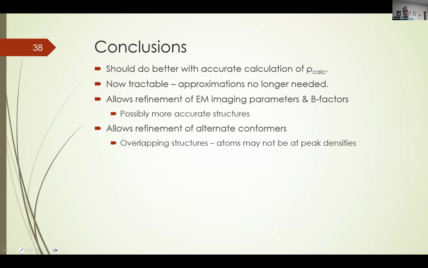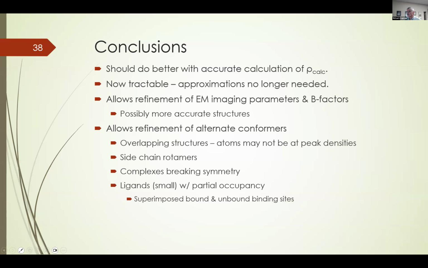I would emphasize that this is a way that you can refine alternate conformers. We had an extreme example of overlapping domain structures, and clearly we can't expect atoms to be at the peaks of an observed map. But this is also true if you were trying to refine side chain rotamers, when you have complexes breaking symmetry, when you've got ligands that cause conformational changes, but the ligands are binding with only partial occupancy.